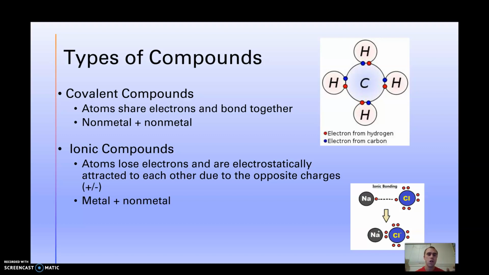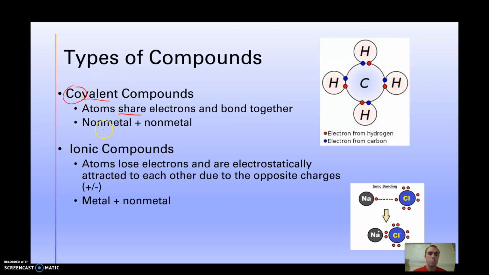Okay, so we have two types of compounds. We have covalent compounds. We have ionic compounds. For covalent compounds, we share electrons. The prefix co means together, and valent, we'll talk about valence electrons in a sec, but those are the outermost electrons, and so these atoms are going to share their outermost electrons, or their valence electrons.